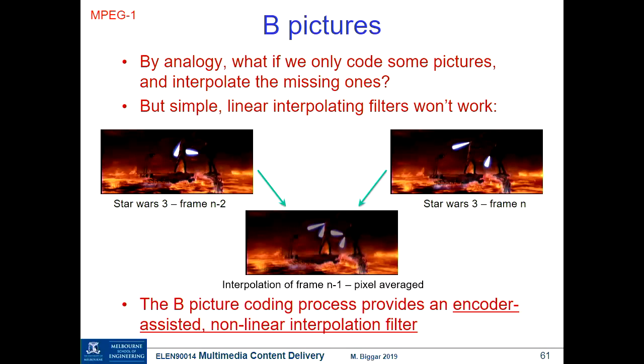No. Okay. So if we try to interpolate between these two pictures just by doing pixel by pixel averaging, this is what we get. The reason that occurs is that the motion is along a particular trajectory. We can't just average the pixels.